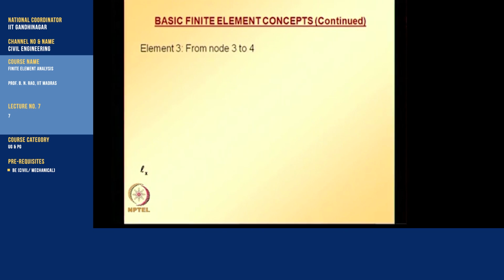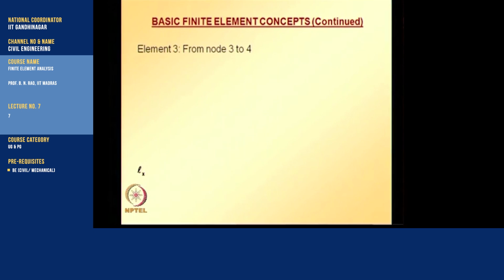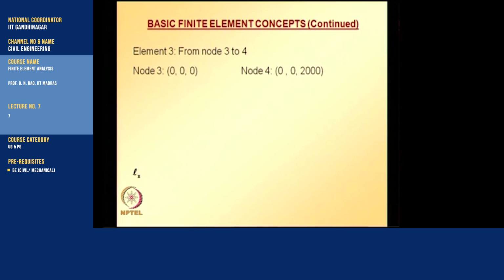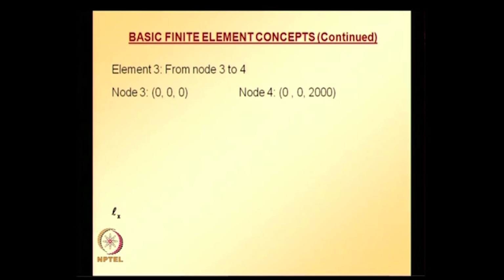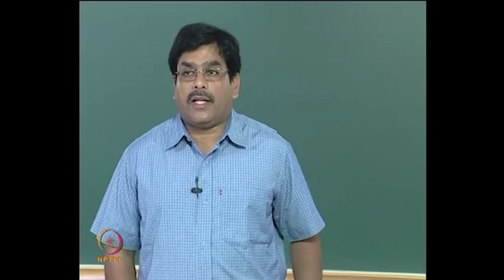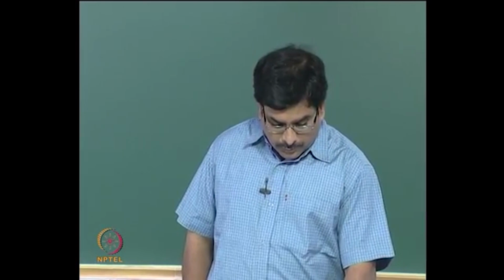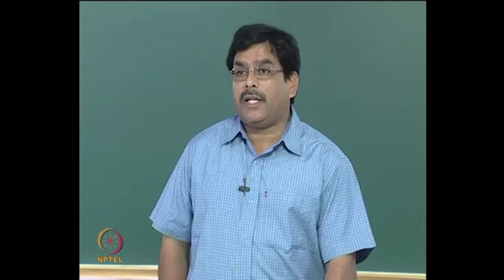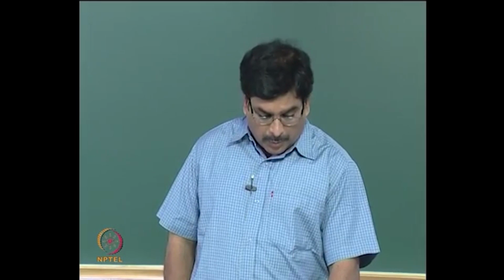Similarly, we can assemble the equation system for element 3. It goes from node 3 to 4. So, local node 1 is global node 3, local node 2 is global node 4, and we can calculate dx, dy, dz and length, and we can calculate direction cosines, and we have the material properties and geometrical properties.